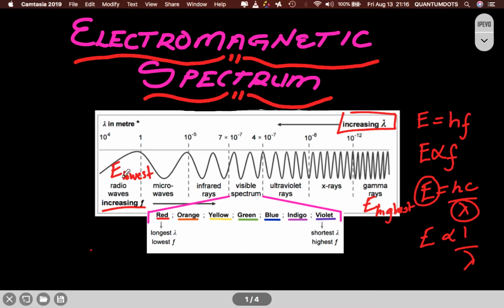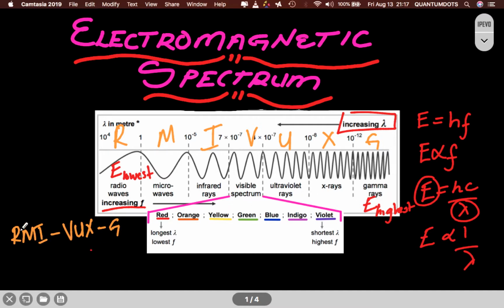For the radio waves, the first letter is R. For the microwave, it's M, and then I, V, U, X, and then G. So you can chunk this up so that it's easier to remember into R, M, I, and then Vox, and then G. So this would be much easier to remember rather than remembering all this information.